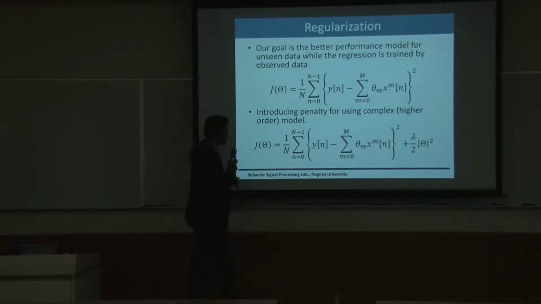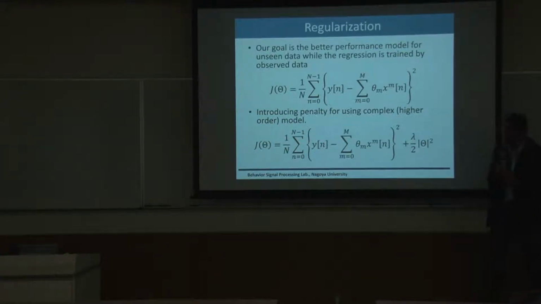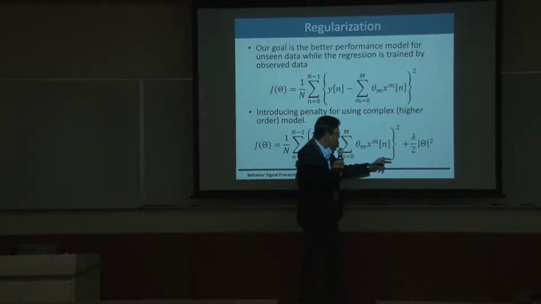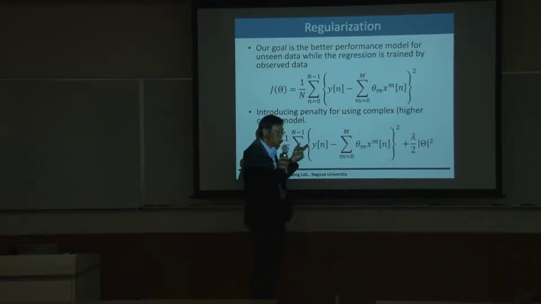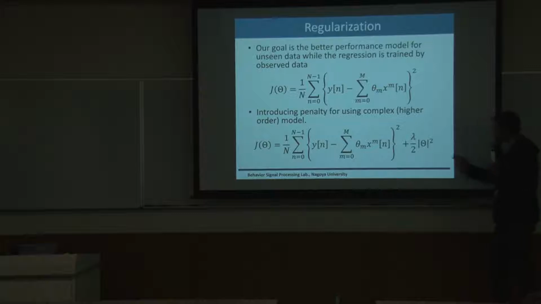Regularization is a quite beneficial idea for reducing the degree of freedom of the system. There are a lot of ways to regularize free parameters, but I guess the simplest one is this Lasso regularization. Just simply add one term to the error function, which is the square sum of all free parameters.